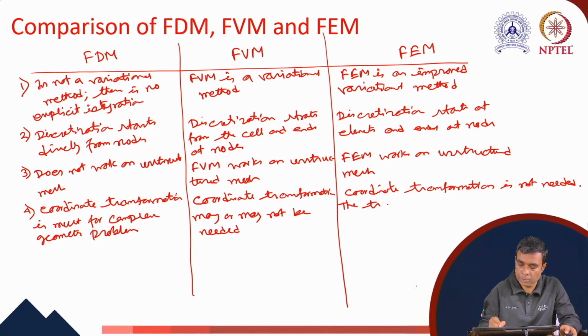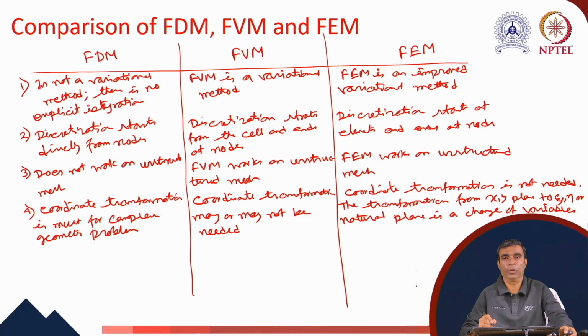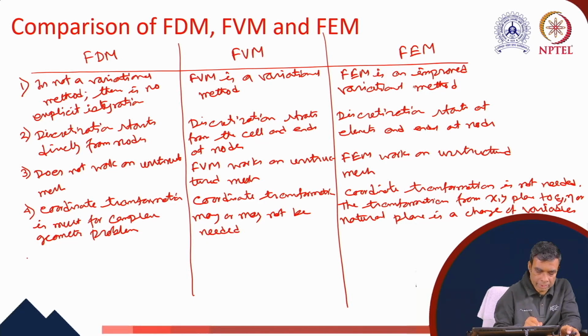The transformation from xy or physical plane to xi eta or natural plane is a change of variables. So when we go for coordinate transformation in finite difference, we have forward transformation and then we have a reverse or backward transformation.